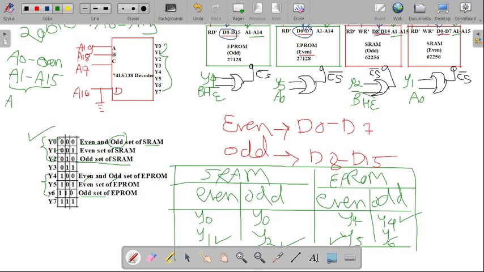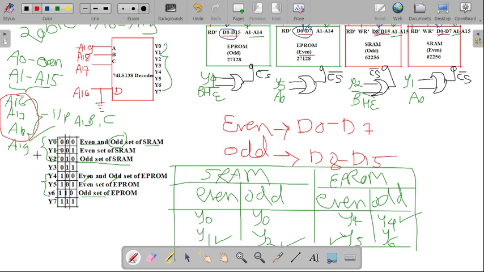Now which address lines are pending? That is A16, A17, then A18 and A19. So these lines are remaining from our address bus. These three signals are considered here as the input, like A, B, C. You can select any one of the lines for our A, B, C input.